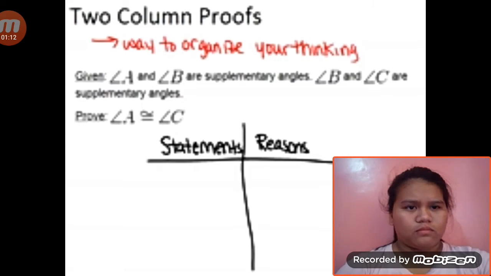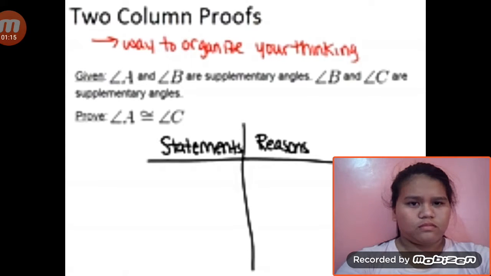In this example, it says we're given angle A and angle B are supplementary angles. Angle B and angle C are also supplementary angles, and we're trying to prove that angle A must be congruent to angle C. So what we're going to do is start with our givens.